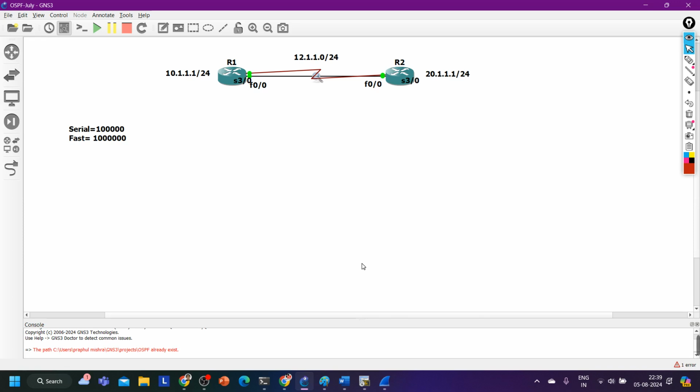Full state means the OSPF database has been exchanged.